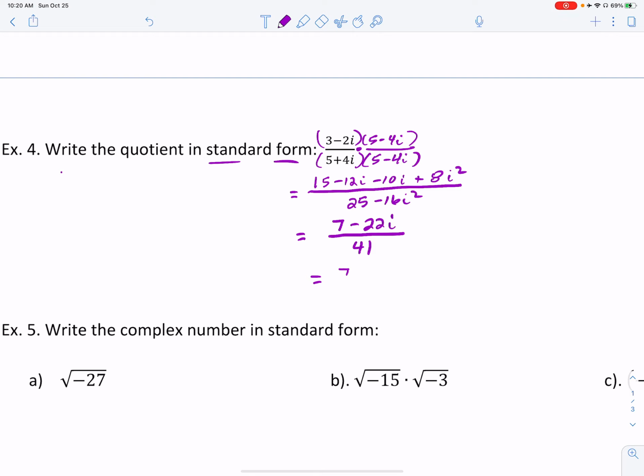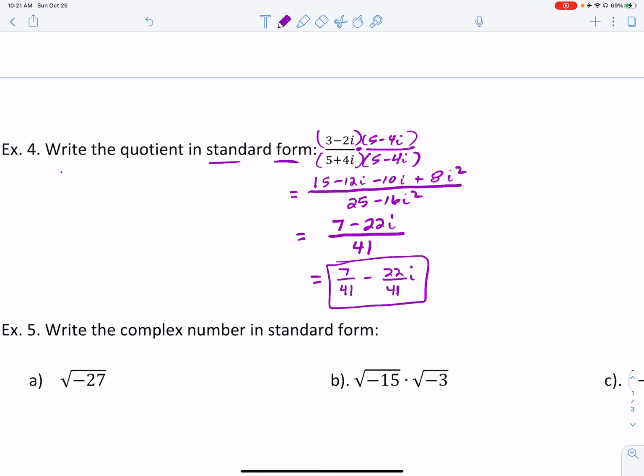So we are going to write it 7 over 41 minus, and we're going to write 22 with a flat fraction bar 41, and that i is going to be centered with that fraction, and it's going to look like that. So there is your complex number in standard form.